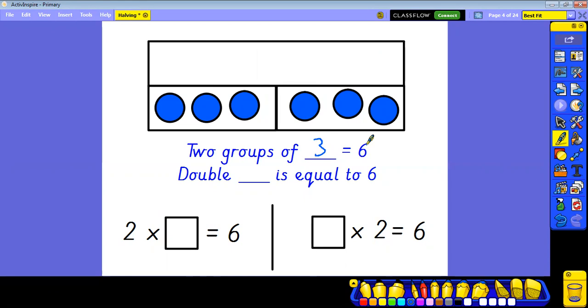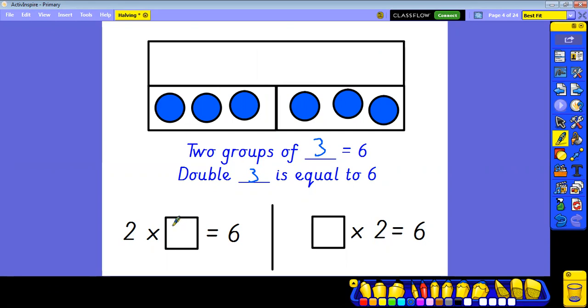And we learned on Friday that that would mean that double 3 is equal to 6, because doubling is having 2 equal groups. So 3 add 3, or 3 2 times, is equal to 6. And this is what we were doing on Friday, representing that as a multiplication equation.